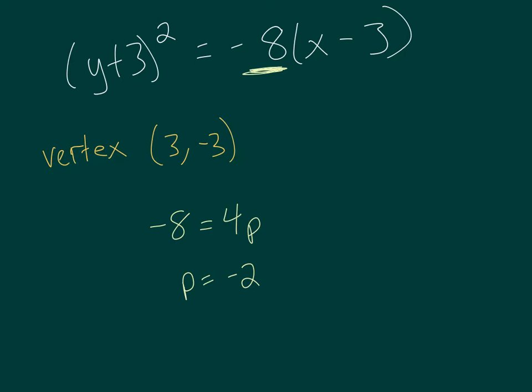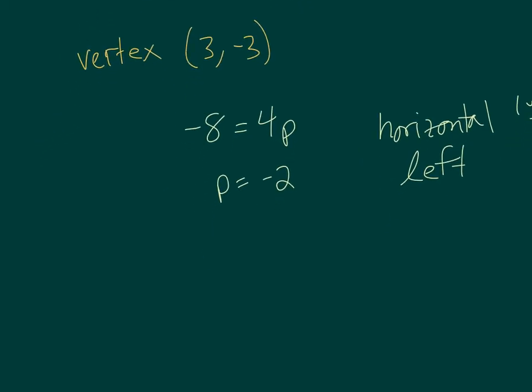What does that tell me about my parabola? Since we're working with a horizontal parabola, because the y is being squared, and since p is negative 2, it's going to open up to the left. Also, p describes the distance between your vertex, your focus, and your directrix.